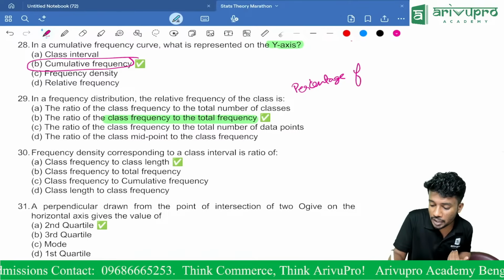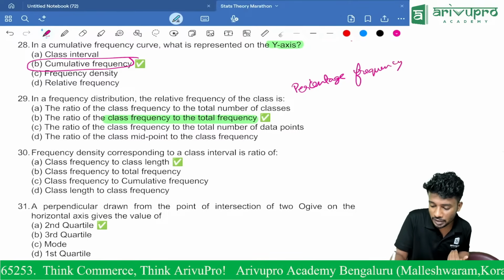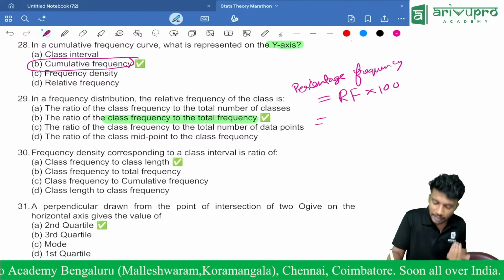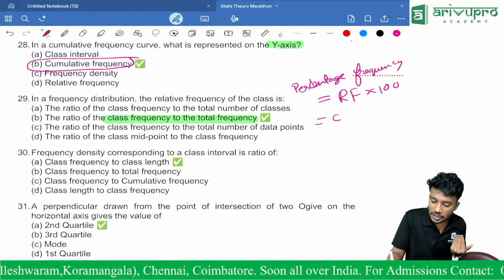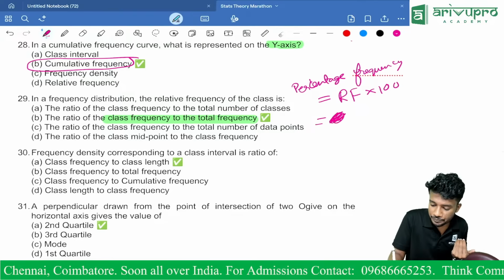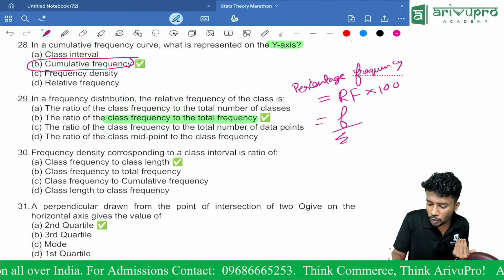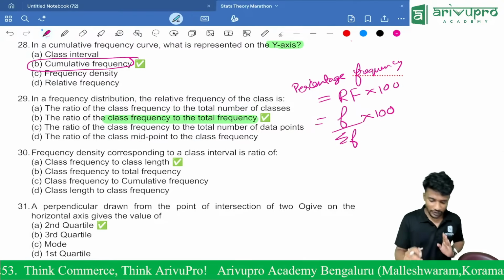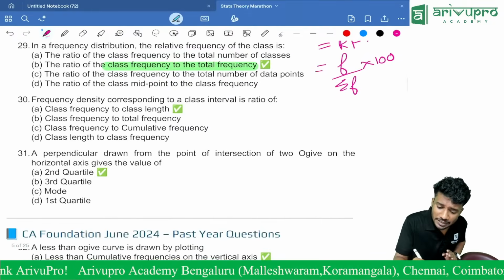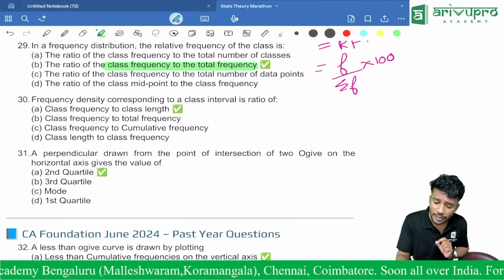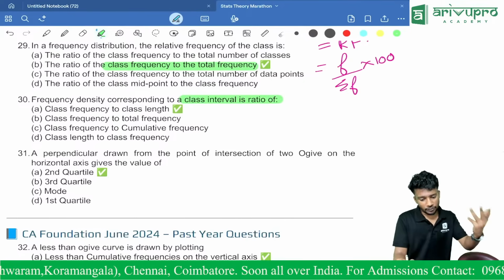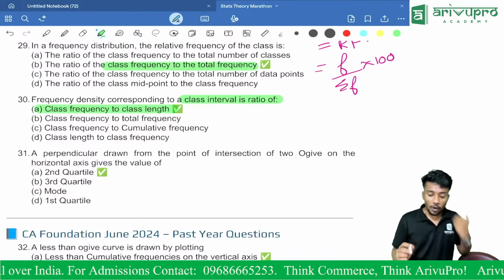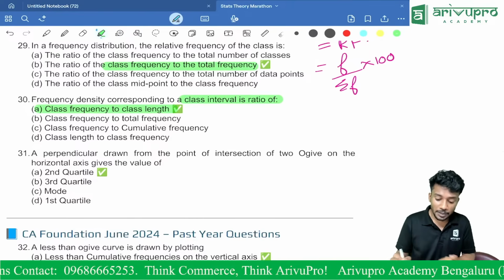Percentage frequency is relative frequency into 100, or class frequency divided by total frequency into 100. Then, the frequency density corresponding to a class interval is the ratio of class frequency to class length or class width.